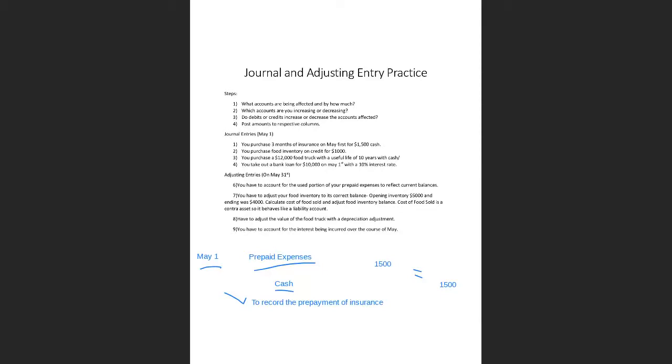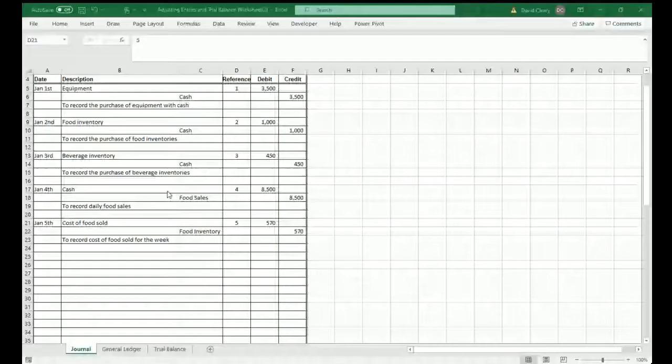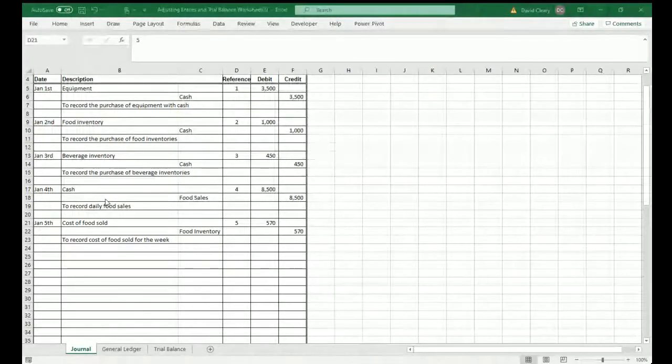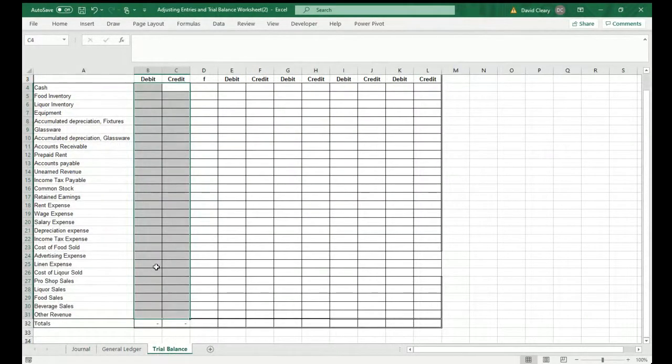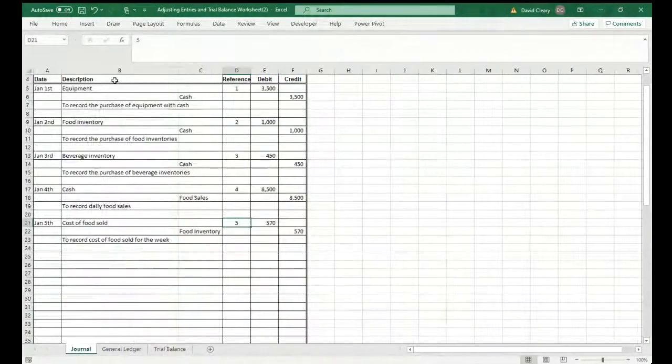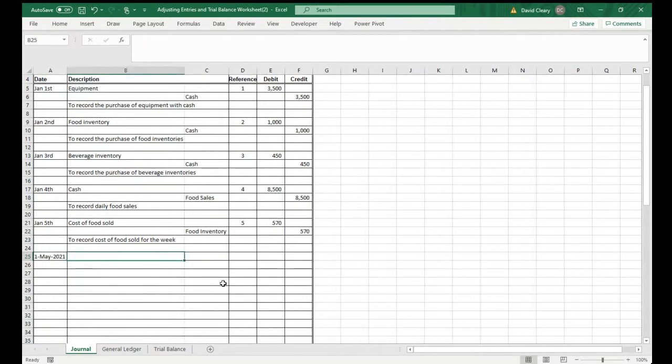And here, maybe I'll show you my screen just so I can show you what I want us to do. Okay, here's the worksheet. We've already deleted the balances in our trial balance, so we're just picking up where we left off on the journal. We're going to put in May 1st here so we can put in a date.